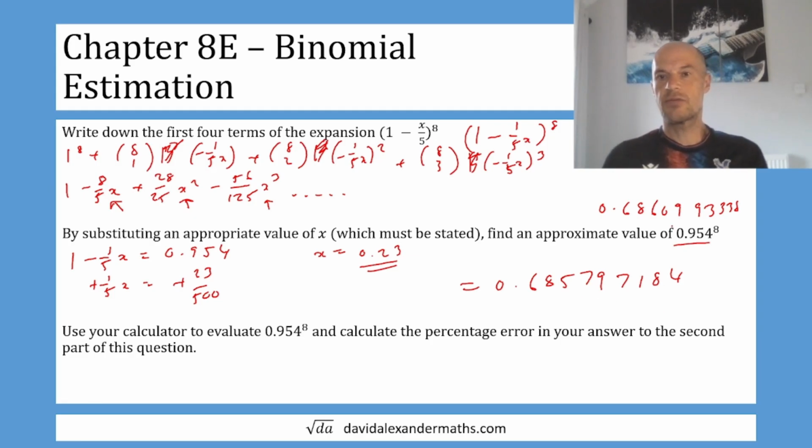Okay, there we go. So they're pretty close. I mean, they're the same to 3 decimal places, so they're pretty close. So this is the approximate value.